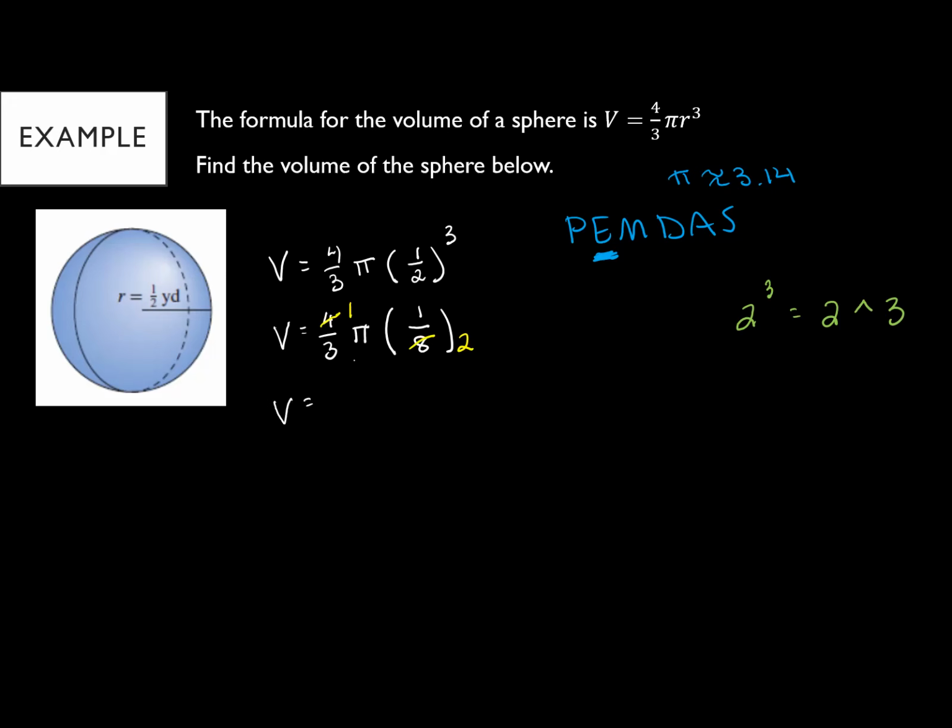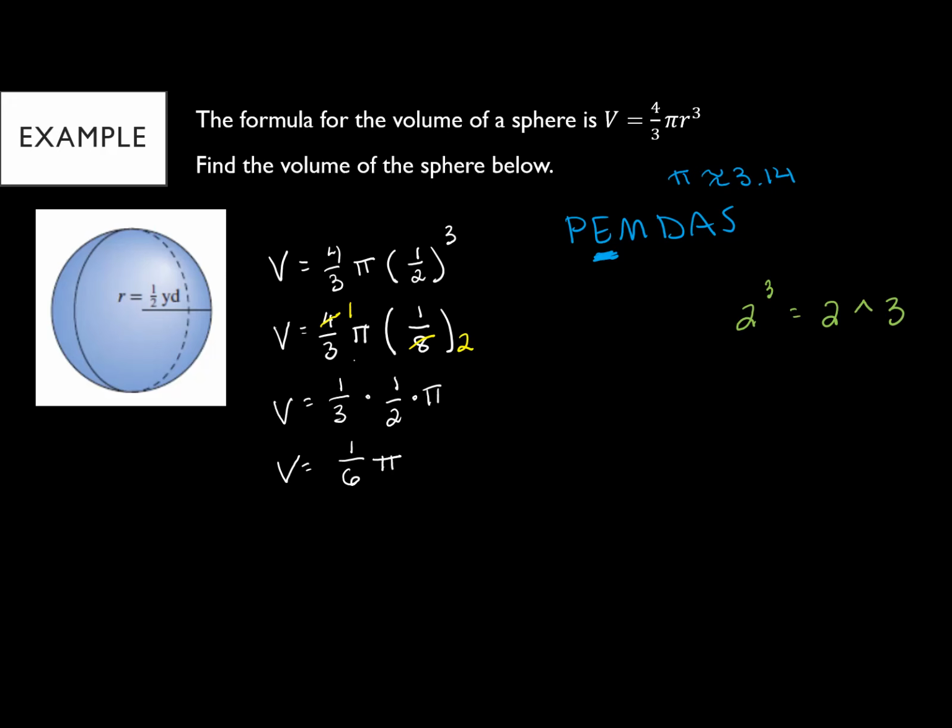And so what we're looking at is we've got 1/3, and I could rearrange these, times 1/2 and then times pi. So you could rearrange the order of your multiplication, and that is called the commutative property. So that allows us to put the pi in the back and just work with the numbers that we have. And so when you multiply that, you get 1/6 pi.